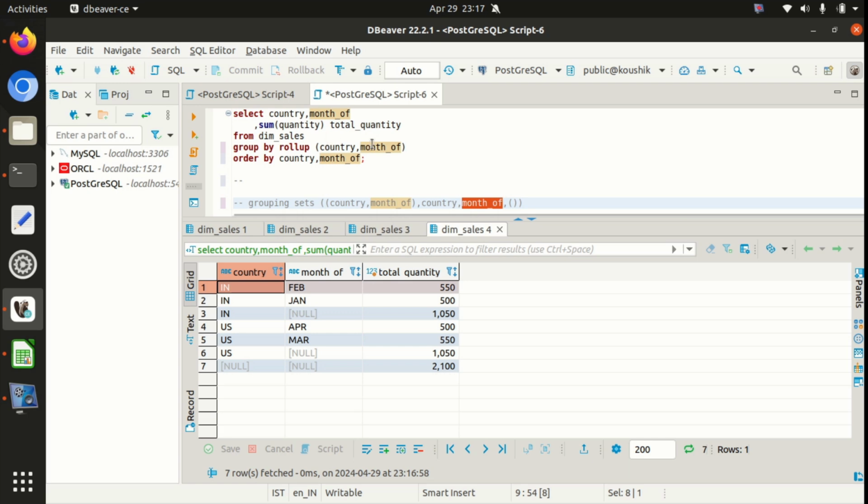The input is country, month of, so it will create country, month of, and then country. Month of alone is not going to be there because it would break the order. So this is the difference between cube and rollup, how to use them, and the most important thing, when to use them. Don't worry, in the next couple of videos I'm going to discuss various SQL interview questions, and they definitely cover cube, rollup, and grouping set.